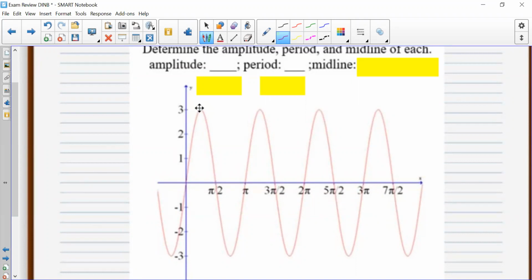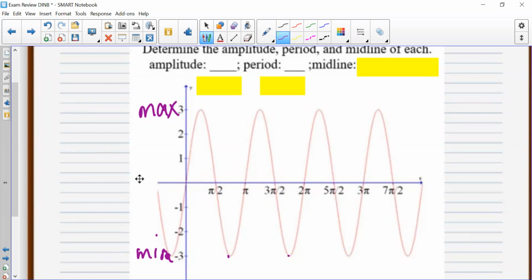The maximum of this graph, the highest it goes is 3, right? The graph never goes above 3. And the lowest it goes, the minimum, it hits it a few times, but the minimum is at -3. So the midline is found as the number in the middle, which in this case is 0. It's halfway between 3 and -3.